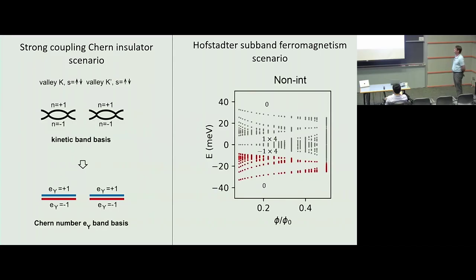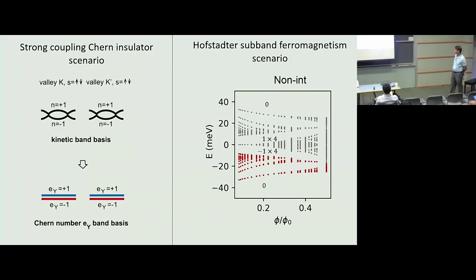But this is a very different picture because your interactions are definitely not strong enough to mix the entire band thoroughly to turn them into Chern plus and Chern minus. So these are two extreme limits which exist, and the question is what's going on in the experiments, and can one actually bridge these two using an explicit calculation.